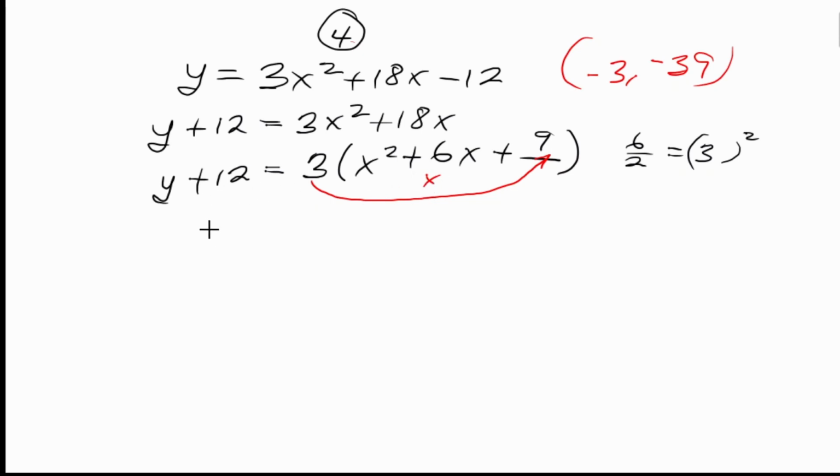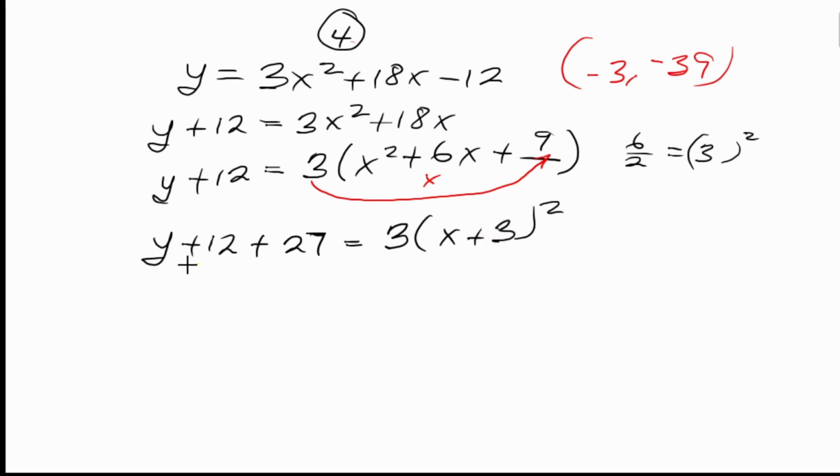added to the left side, and that becomes y plus 12 plus 3 times 9 is 27 equals 3 multiplying this as a perfect square becomes x plus the number we have in the parentheses, and that is 3 all squared.